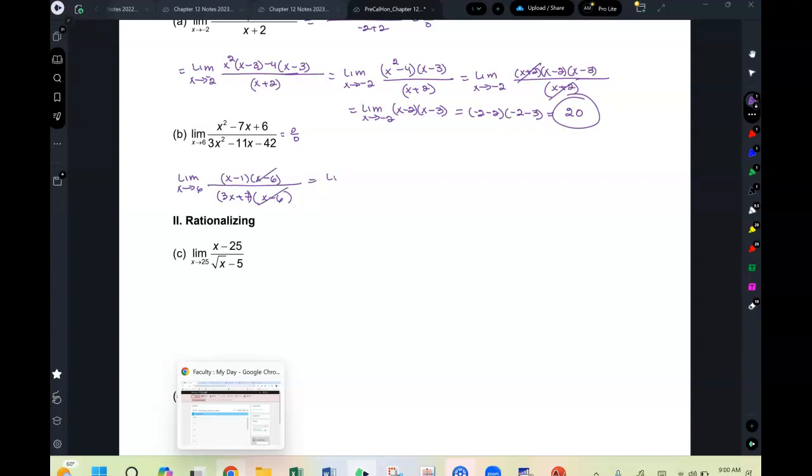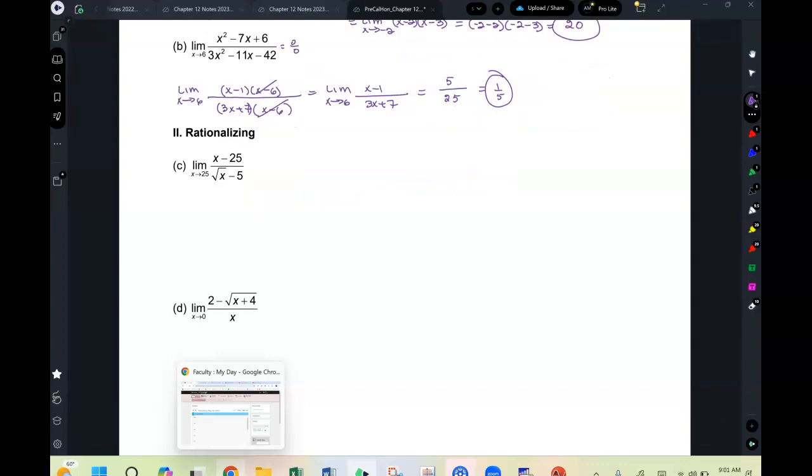So this is the limit as x approaches 6. Now we're going to plug it in. So 6 minus 1 is 5 over 25, which is 1/5.